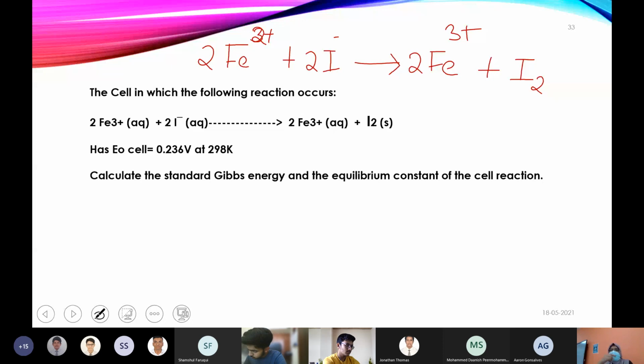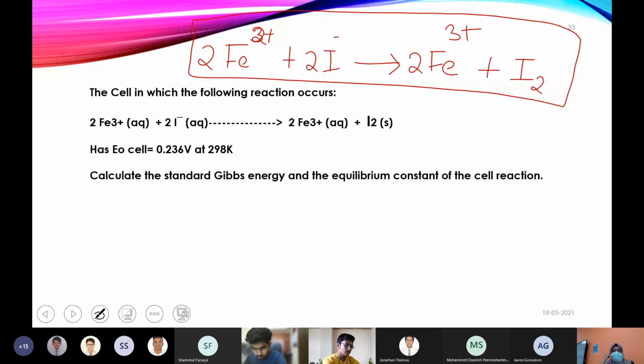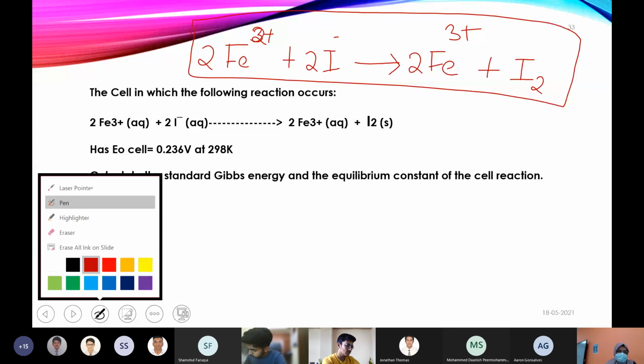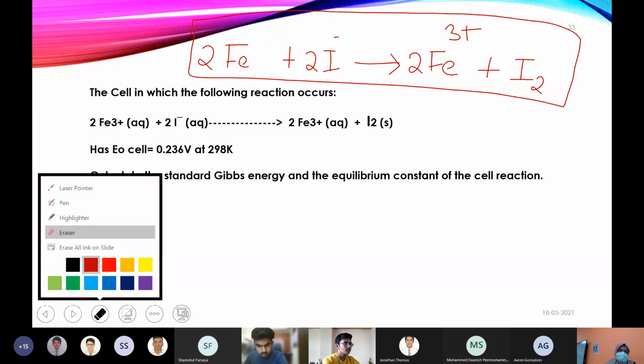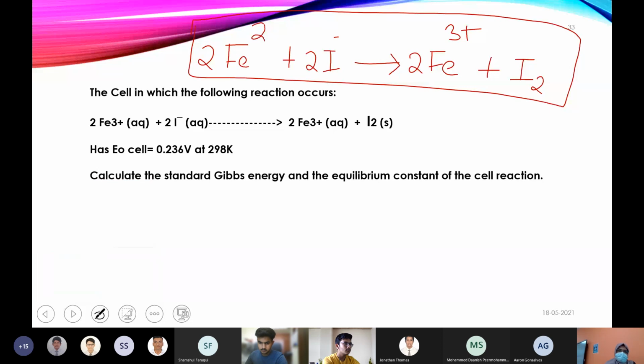Because both of them by mistake are 3+, so one should be 2+, right? Because one should be oxidation, the other reduction. So what I wrote here will be correct. This is actually 2+.